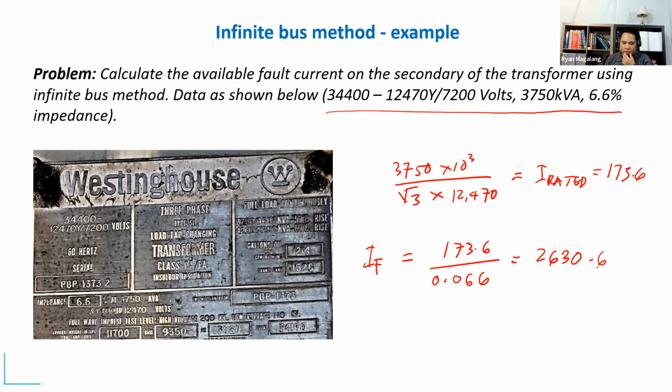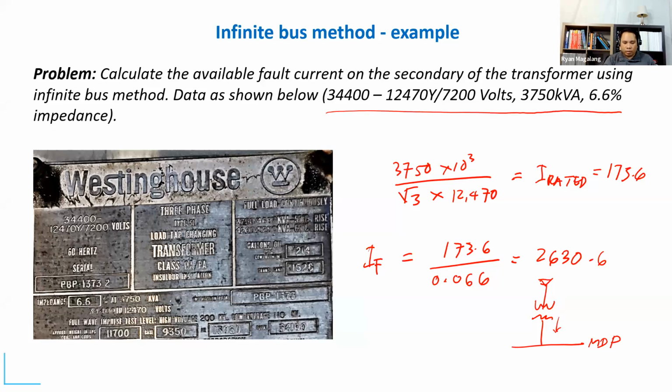But then the issue here would arise that, let's say this is your transformer and it's connected to a panel. Because you did not include your utility, you might be overestimating your fault current.